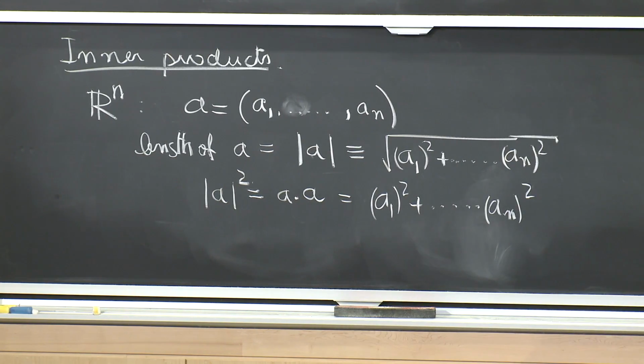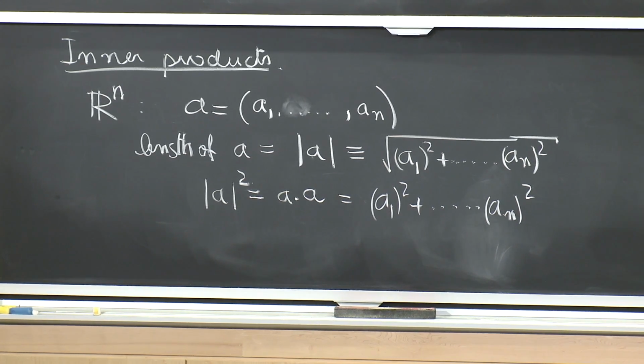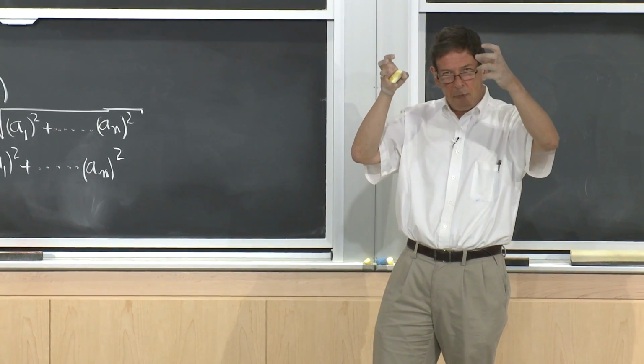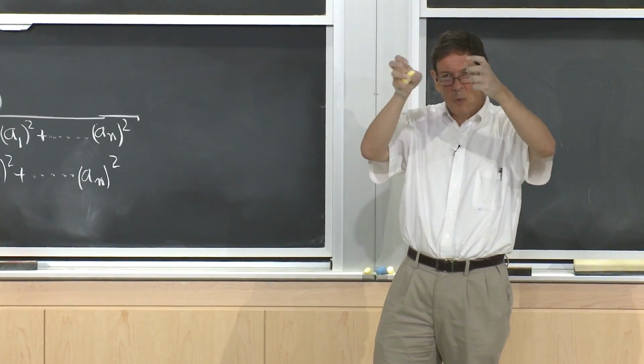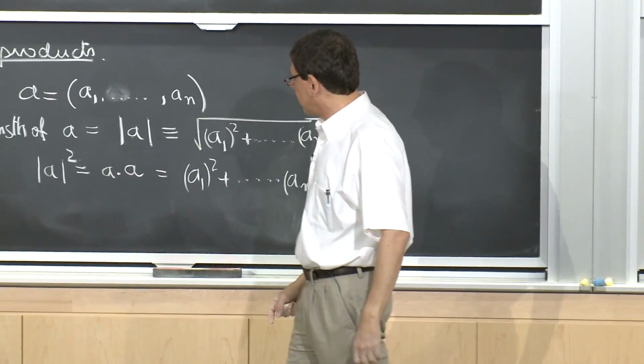So this length squared is now not thought of as a recipe, add the square of the first component, second, but as a result of doing an operation with A with itself, squaring it in some way, in a way that is called a dot product.